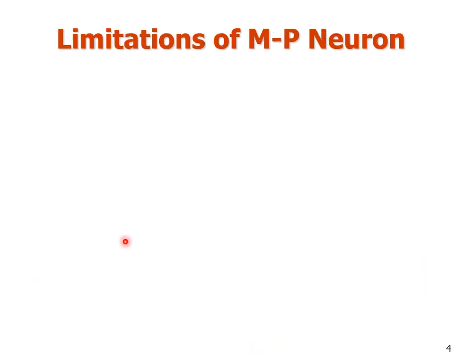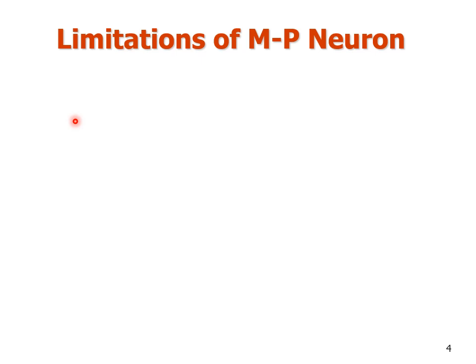In the previous session, at the end, we listed 4 limitations of MP neuron, and we mentioned that to overcome these limitations we have a new kind of neural unit, and that is known as perceptron.